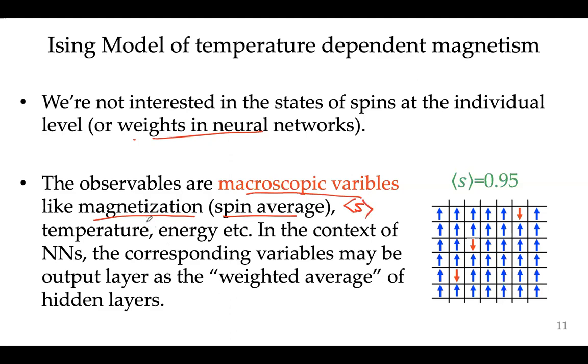Examples of macroscopic variables are magnetization, temperature, energy, etc. In the context of neural networks, the corresponding variables may be the output layer as the weighted average of hidden layers. So in neural networks, you also do some kind of averaging. The output layer can be seen as a weighted average.